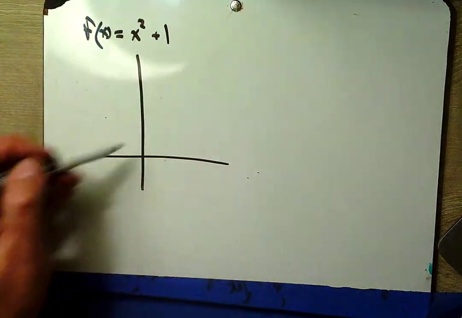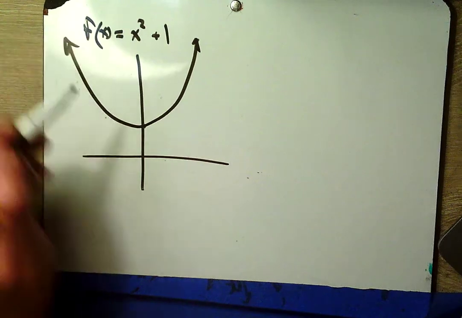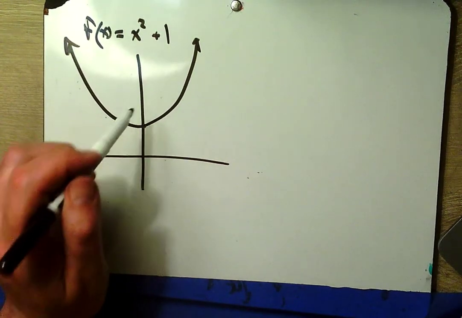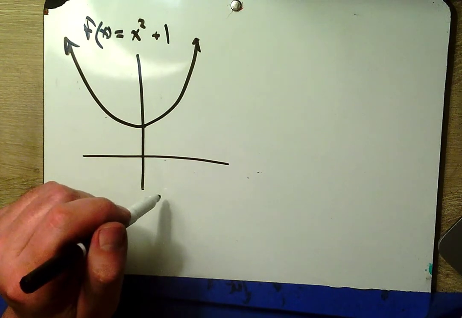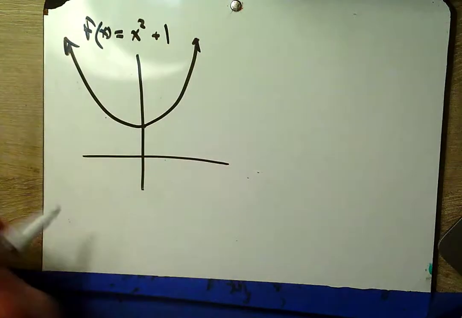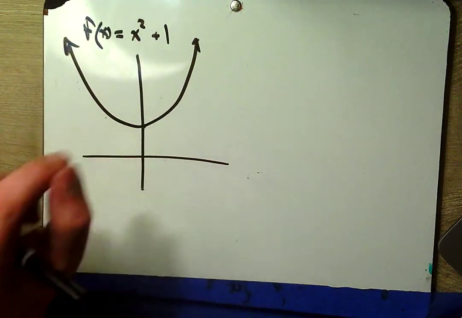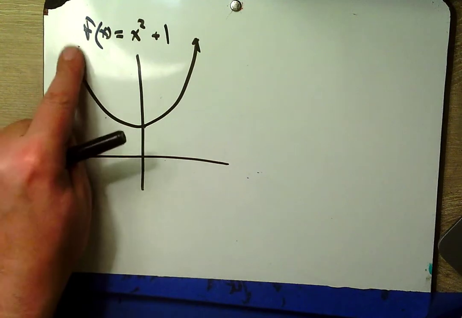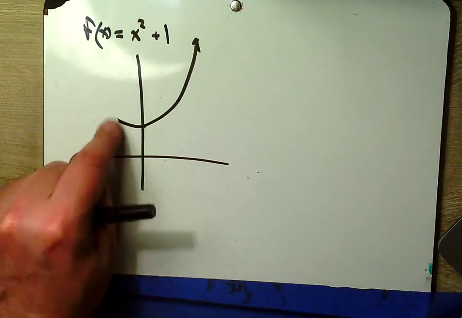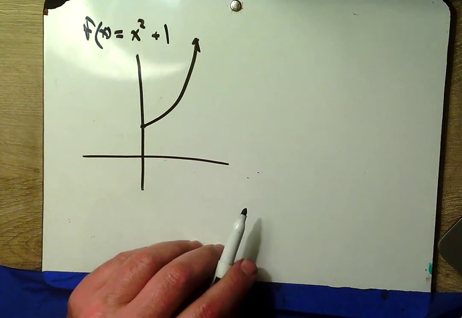Remember, in order to have an inverse, a function needs to be able to pass a horizontal line test. This one doesn't. And that's why parabolas don't have an inverse unless, what if we only looked at part of the parabola?